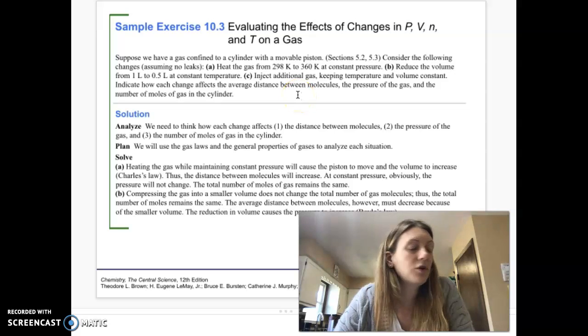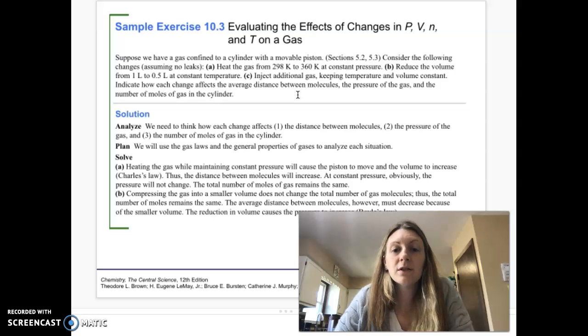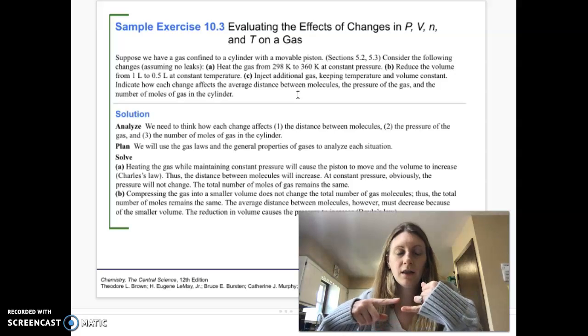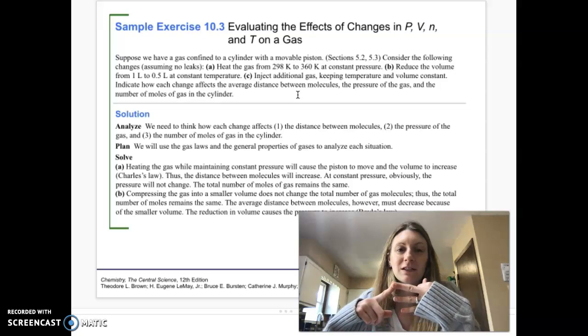But because volume is increasing, and because you're increasing the kinetic energy by putting in more temperature, then the molecules themselves are going to expand or get farther apart from each other. So for A, we have the distance between the molecules increasing, the pressure staying the same, and the number of moles in the cylinder staying the same.